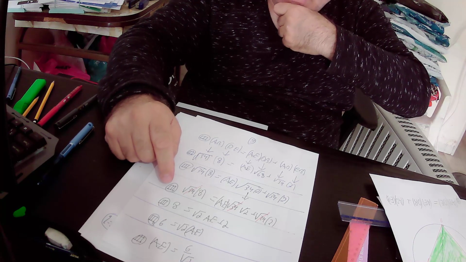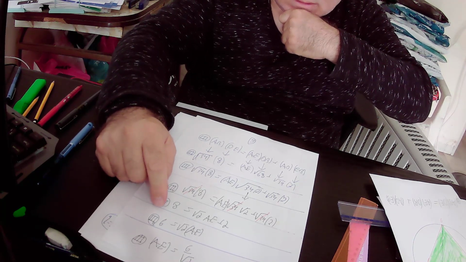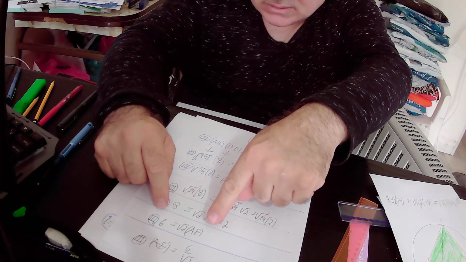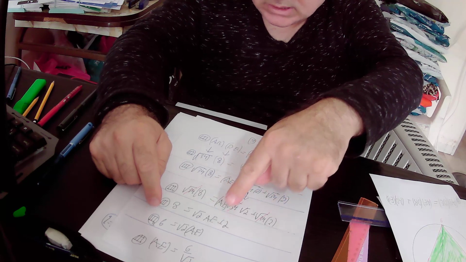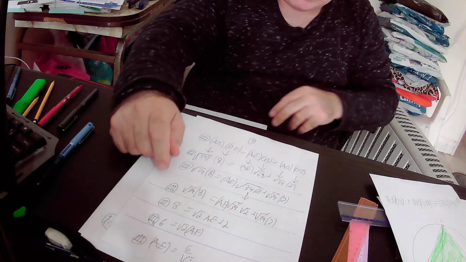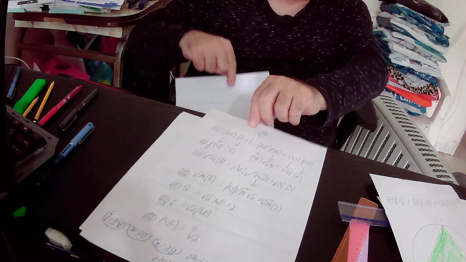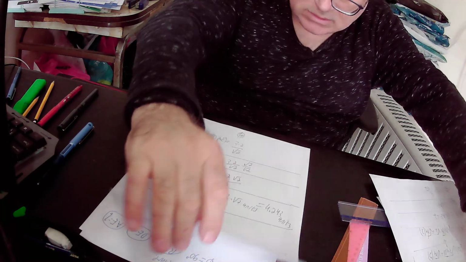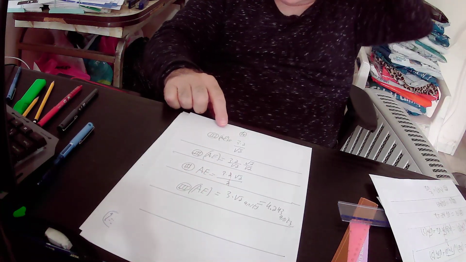We subtracted 2 from equation number 3, and we got that 8 minus 2 is 6. 6 equals the square root of 2 times AE. We divided equation number 3 by the square root of 2, and we got that AE equals 6 over the square root of 2. 6 equals 3 times 2. So we substituted 6 by 3 times 2, and we got that AE equals 3 times 2 over the square root of 2.